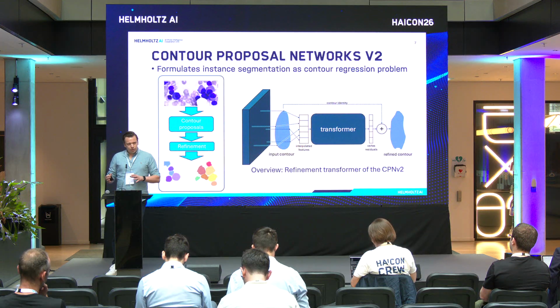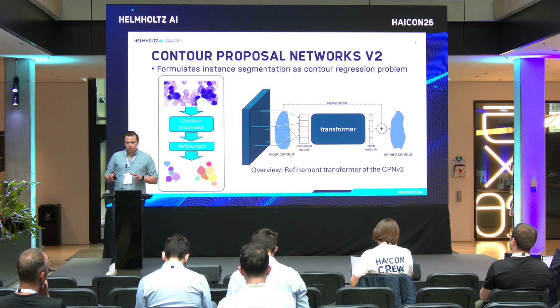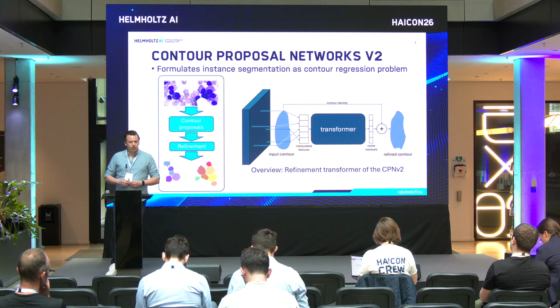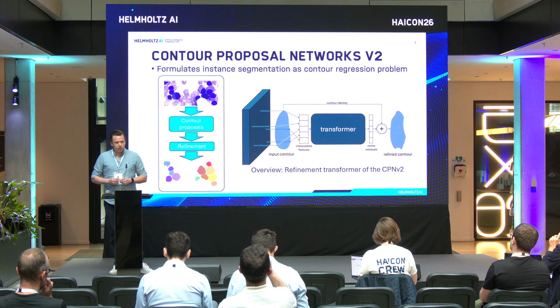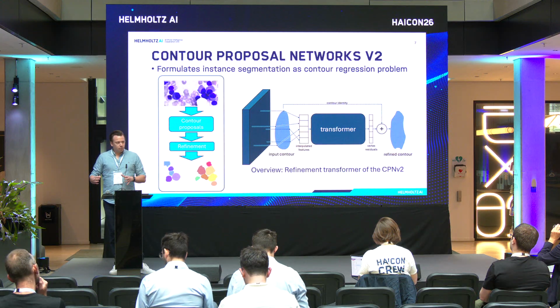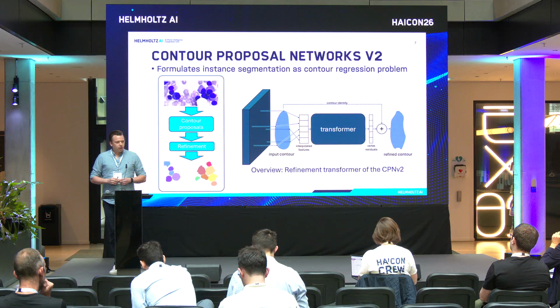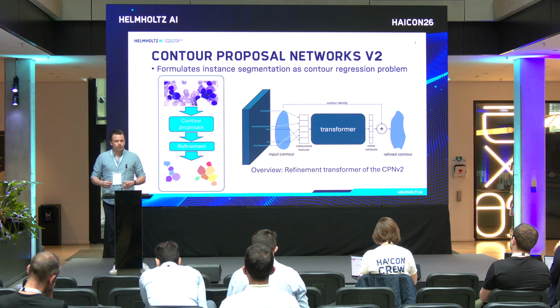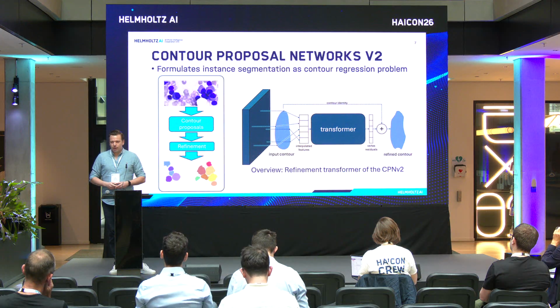We project that into a token space, feed it into a transformer, and this transformer can really focus on individual contours. So one batch item is one contour, so we have maximum modeling capacity with the whole transformer for each contour so that you can even model complicated shapes. And the transformer outputs the vertex residuals. You can simply add them to the coordinate series and end up with an improved contour. You can do this iteratively, again, to make sure the contours are as good as they can be.